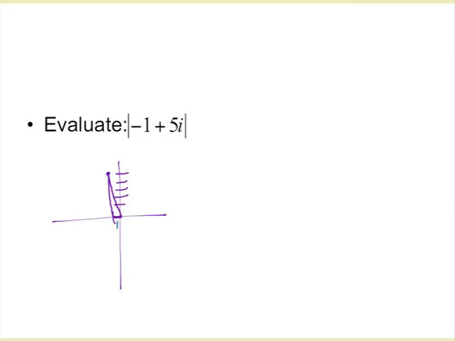So I can just say that that side is 1, and that side is 5. So the distance that we're looking for is c squared equals 1 squared plus 5 squared. So that's 1 plus 25, which is 26.